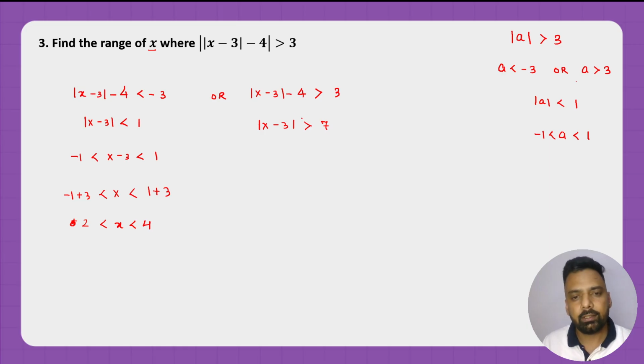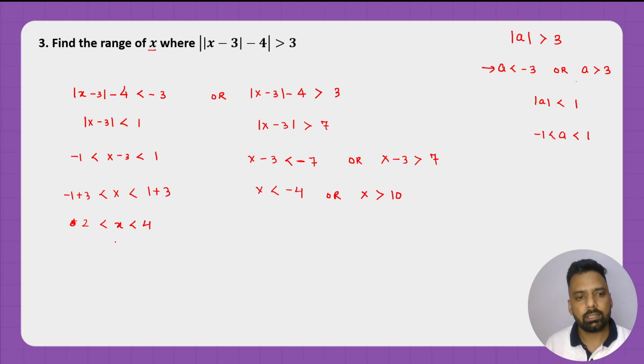Then let's solve the other. If mod of x minus 3 is greater than 7, then x minus 3 has to be less than minus 7, or x minus 3 is greater than 7. So x has to be less than minus 4, since minus 7 plus 3 is minus 4, or x is greater than 10.